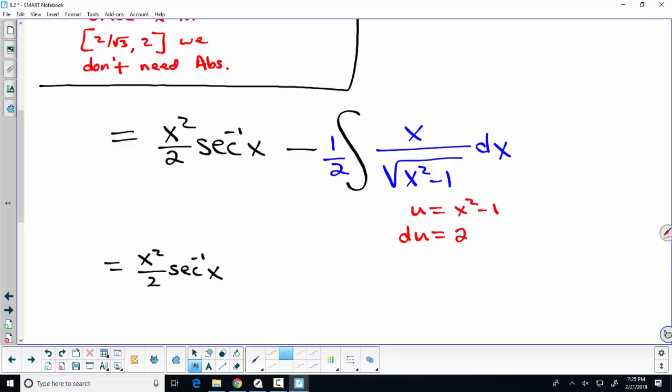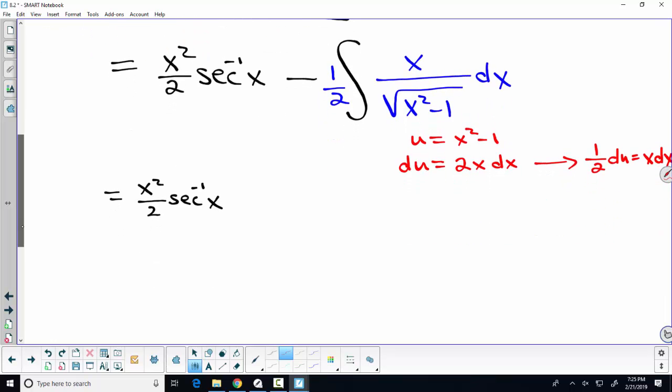So du is 2x dx. Our x dx is 1/2 du. We have the minus 1/2 here. Another 1/2 from our u substitution, du, and then it's u to the negative 1/2. Power rule.